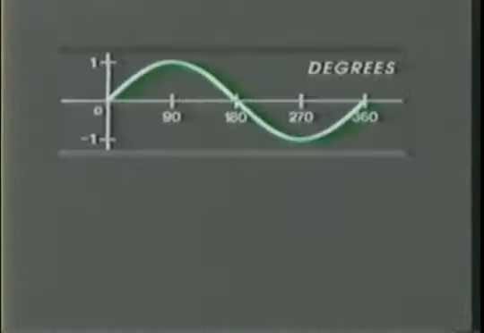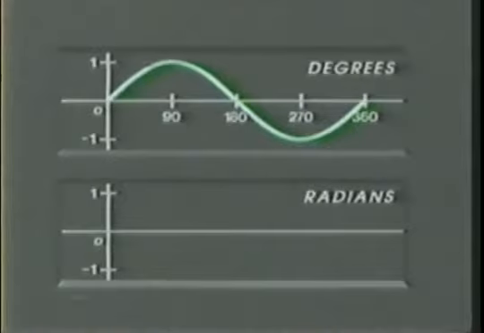We've graphed y equals sine x using degrees. Let's try radians. We'll have to mark the x-axis in radians. We know that 360 degrees equals 2 pi radians.